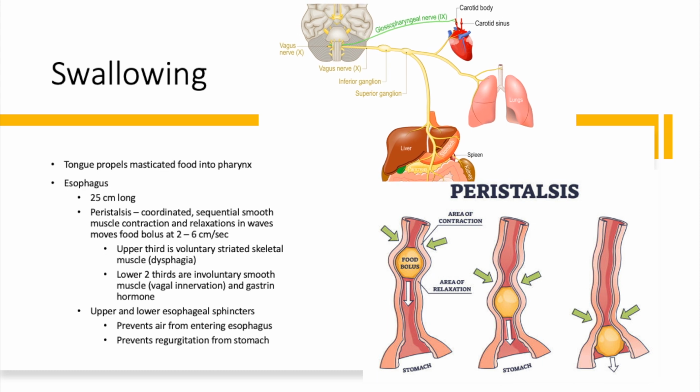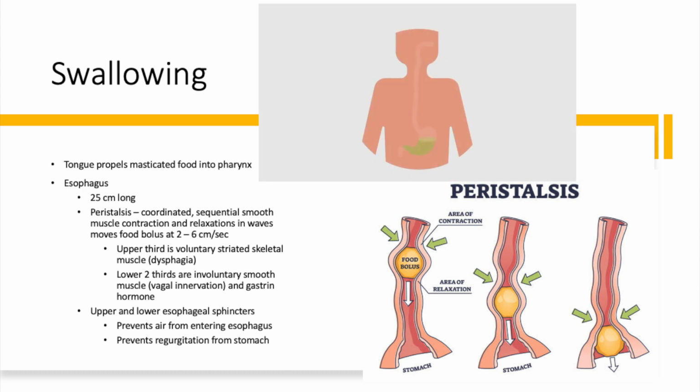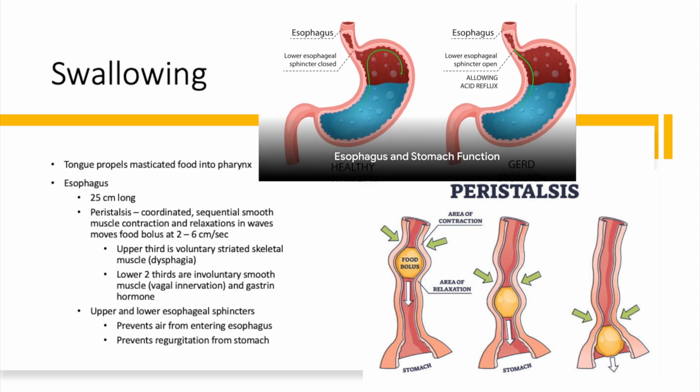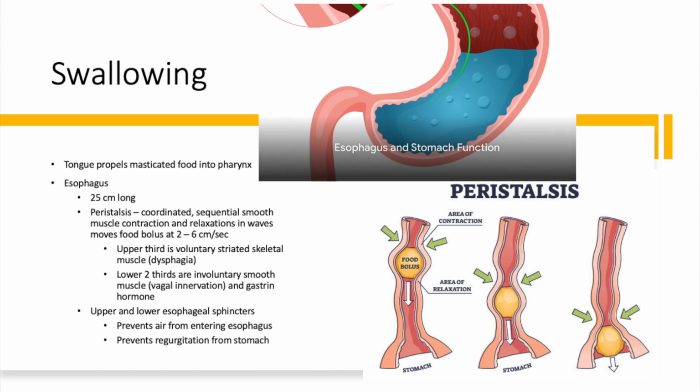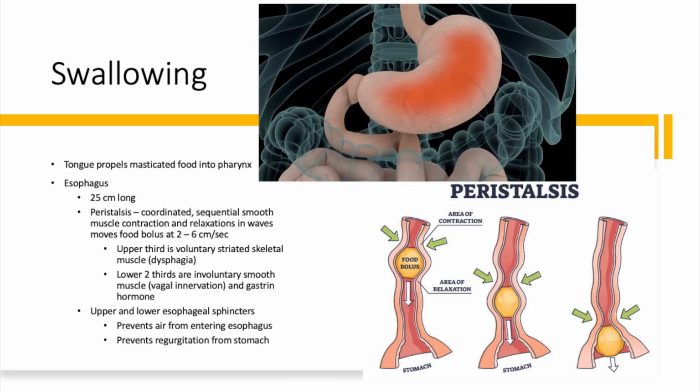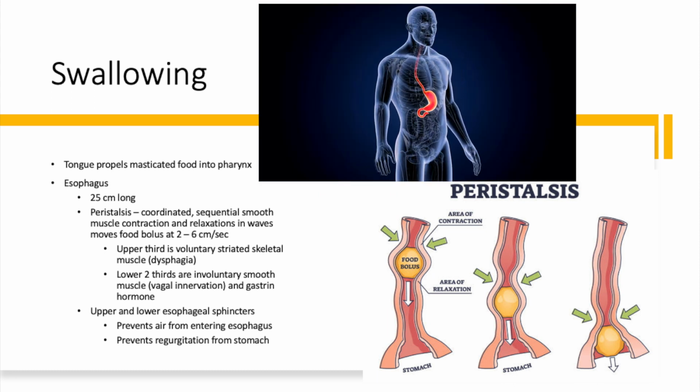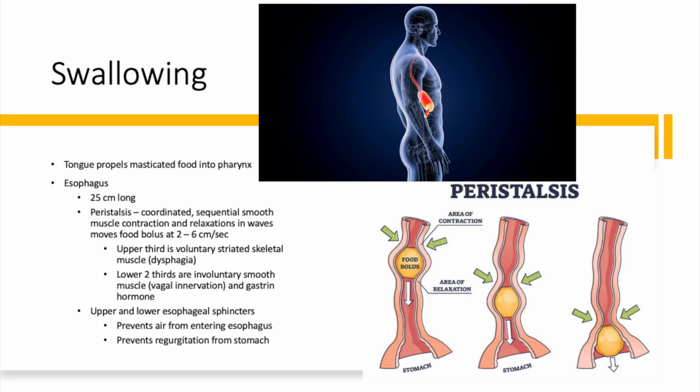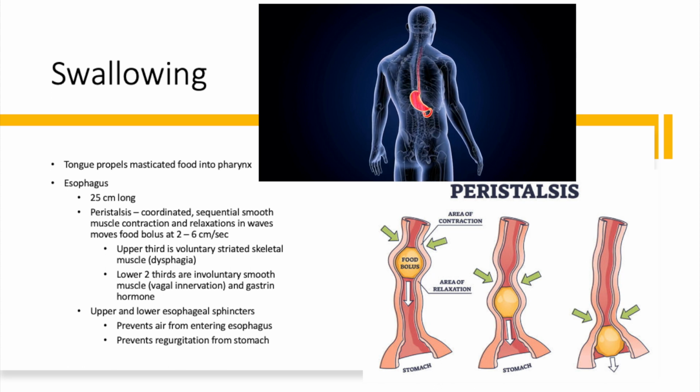The remainder of the esophagus operates involuntarily, governed by the vagus nerve and the hormone gastrin. Eventually, the food bolus reaches the lower esophageal sphincter, LES, also known as the cardiac sphincter, which relaxes to admit the food into the stomach.